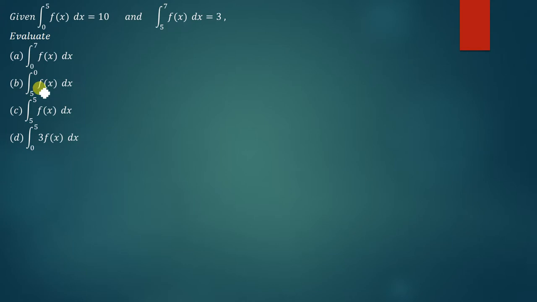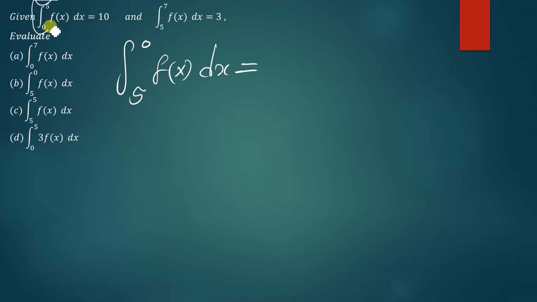The next one is the integral from 0 to 5 of f of x dx. This one is also straightforward. We have this one already here, and what has been done is just the switching of the limits.